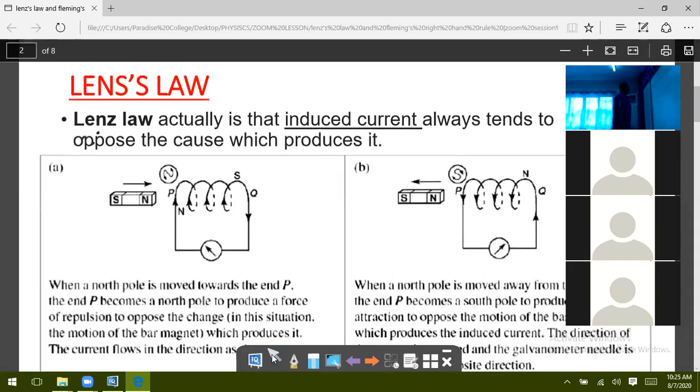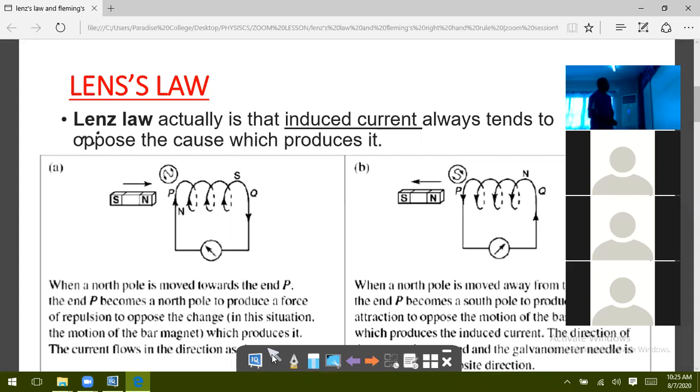I've got Lenz's law up here on a screen for you. Now, Lenz's law is that induced current always tends to oppose the cause which produces it. What does that mean? We're talking about induced current and induced voltage.